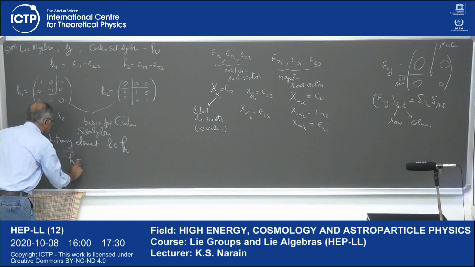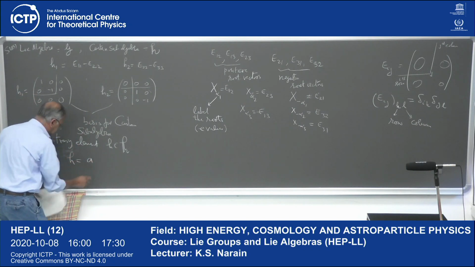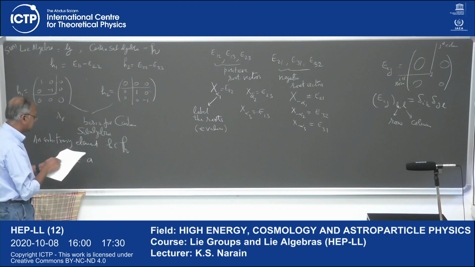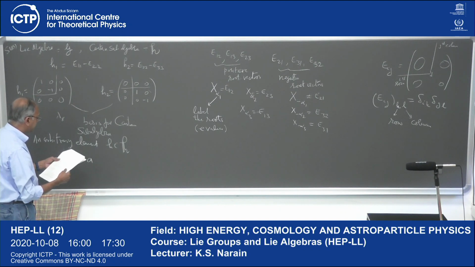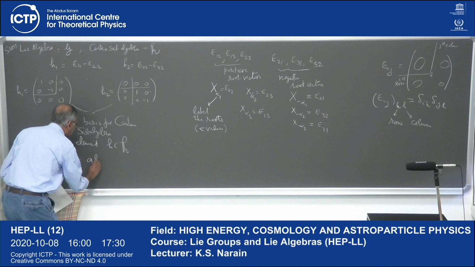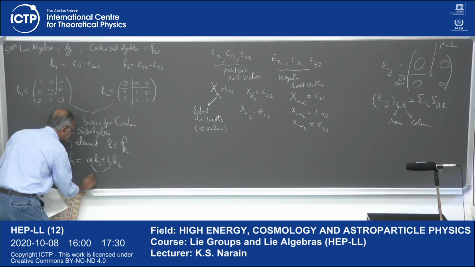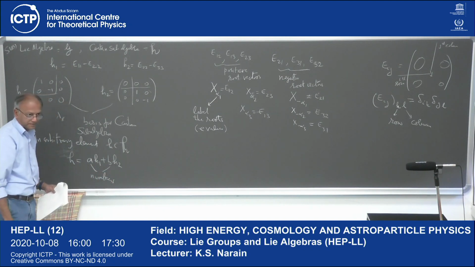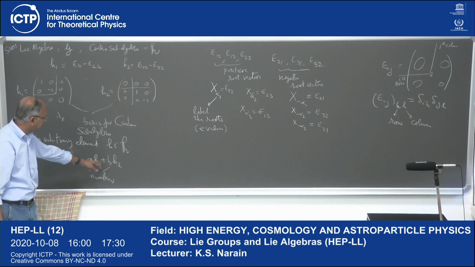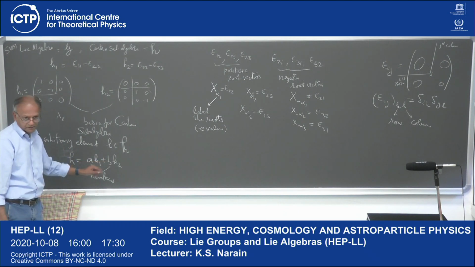So let's call it, for some numbers A and B, H equals A H1 plus B H2. So any Cartan subalgebra element I can express as a linear combination of the two.